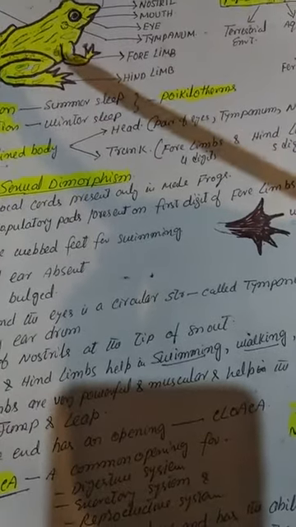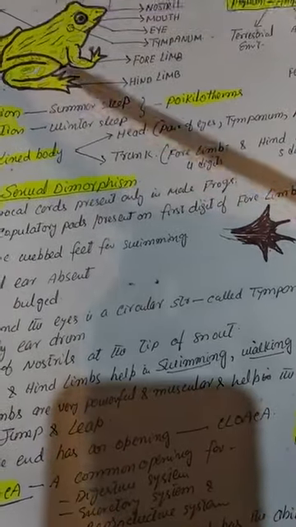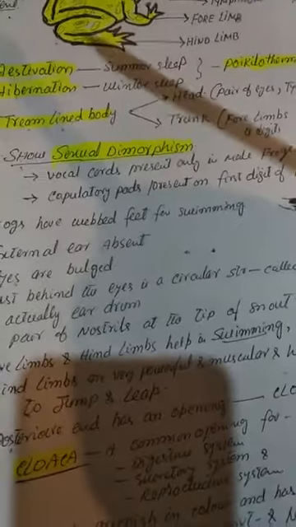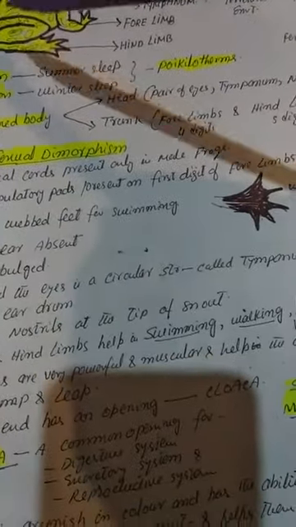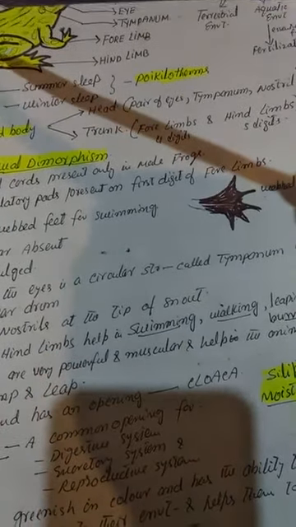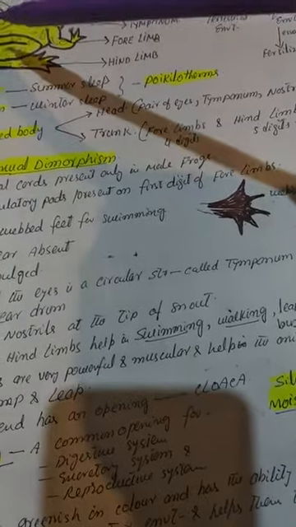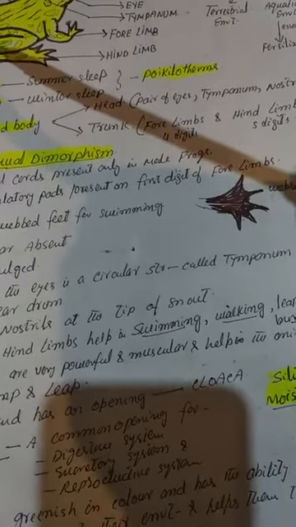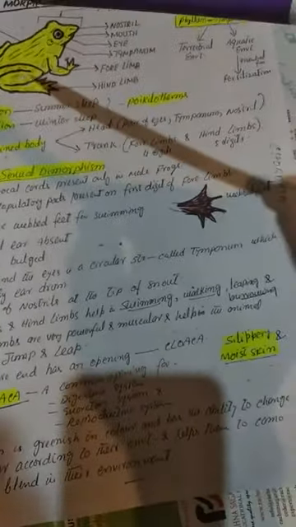The posterior end of this body has an opening known as the cloaca. Now, the cloaca serves as a common aperture for the digestive system, excretory system, as well as reproductive system.